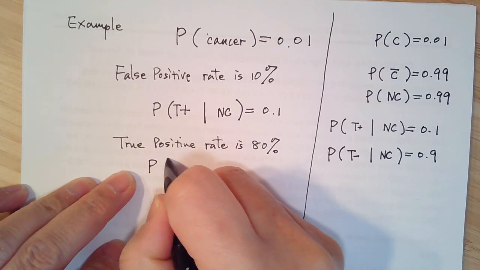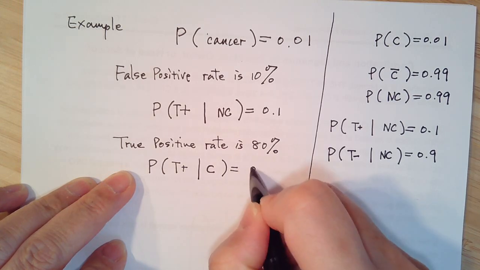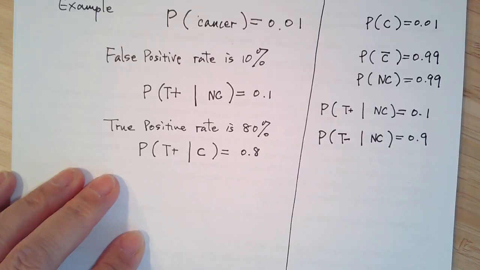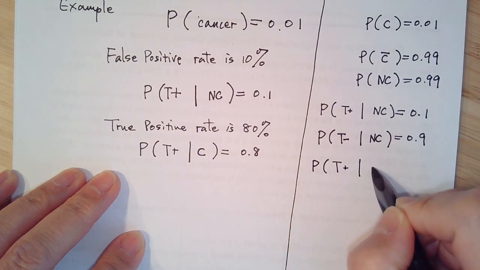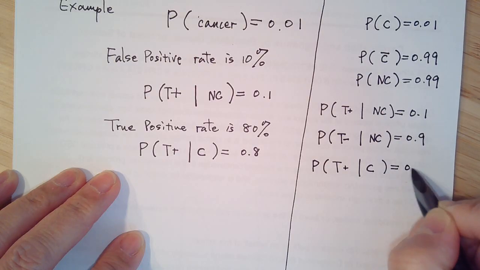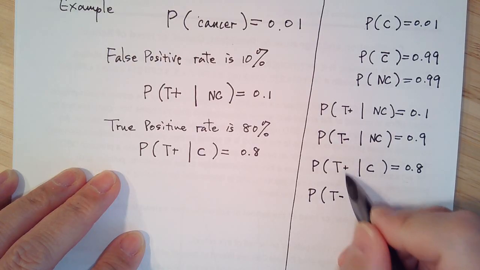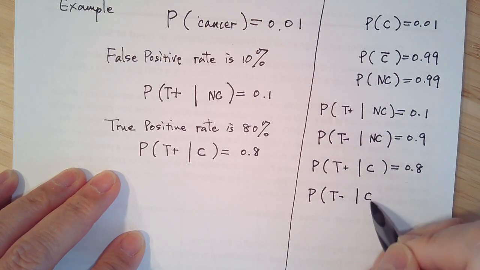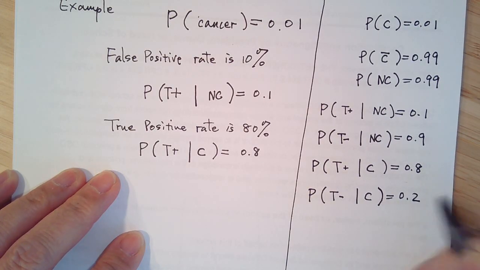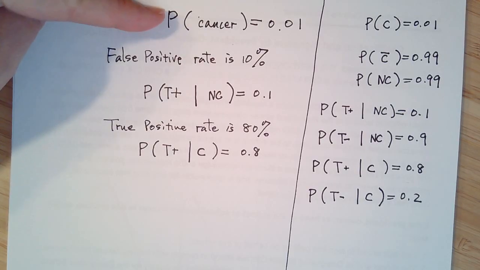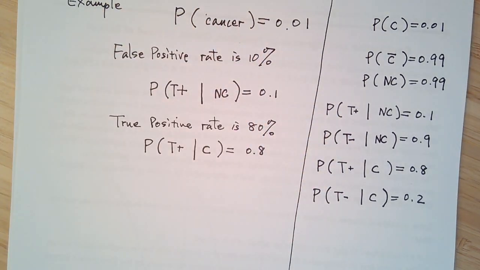That means the probability of test positive given he or she has cancer is 0.8. So the probability that test positive given C is 0.8, and the test negative given C, under exactly the same condition, complementary events, will be 0.2. Even though I just gave you 3 numbers in the question, you can come up with these 6 probabilities.